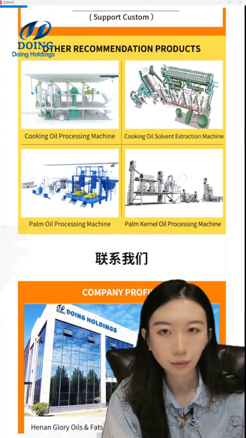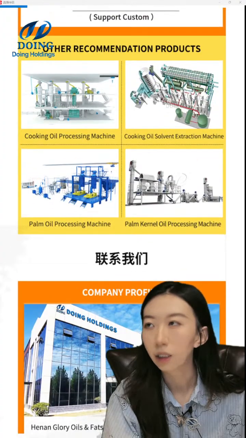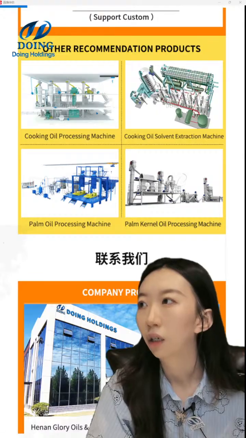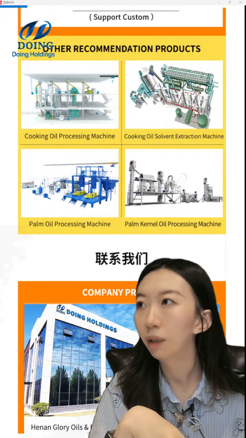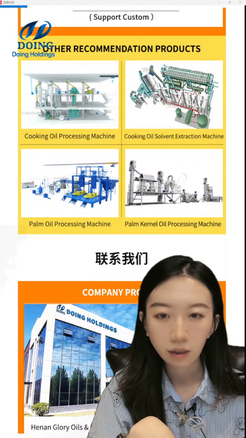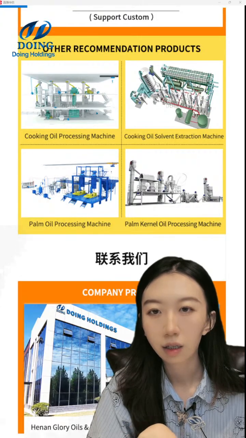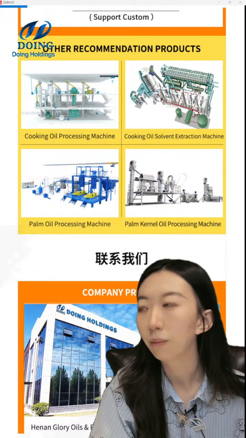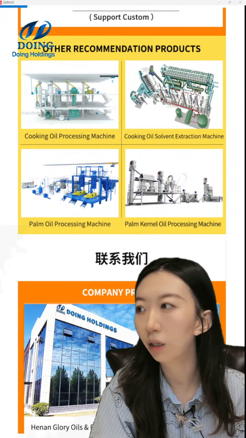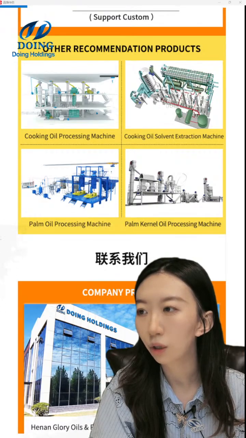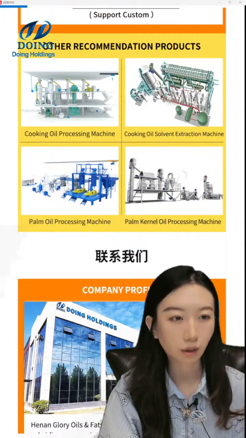And the previous process equipment, such as cooking oil processing machines, pretreatment and pressing equipment, solvent extraction machines, and palm oil pressing machines and palm kernel oil pressing machines, we also have.